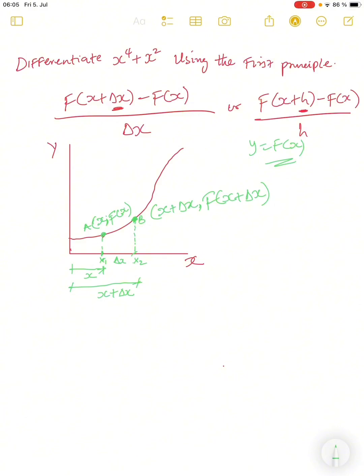You see that the slope of this curve at point A is obtained by taking the slope of a line that touches that point, which we call the tangent to the curve at that point. So we say delta y over delta x is equal to, you see this is flatter, but for this one, if we take the slope at this point, you see this is steeper.